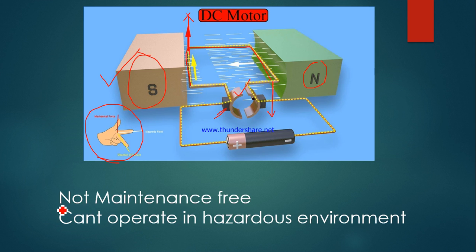As I told, since this involves mechanical commutation, it is not maintenance free, because these brushes are normally carbon. So you need to do maintenance periodically, and if the power is very high and the contact is not proper, then while the current passes through this junction, it will create some spark, and due to that reason it cannot operate in a hazardous environment.